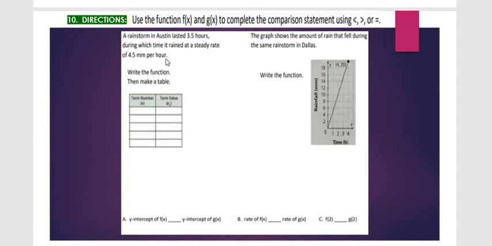Here's your key term, the word per is a key word. Now you're going to write the function and fill this in. Looking over here, you've got the graph that shows the amount of rain that fell during the same rainstorm in Dallas. You will have to write your function.